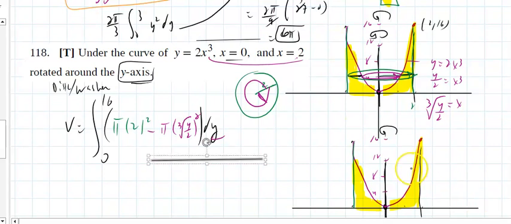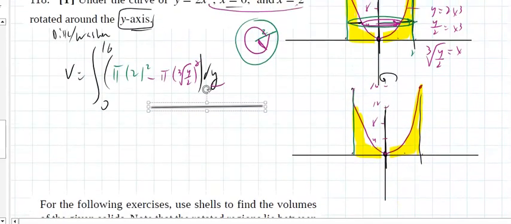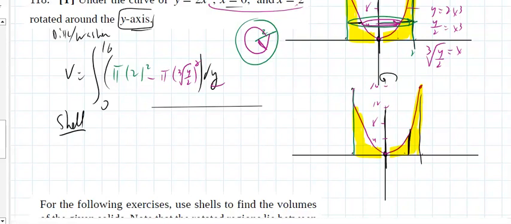Now, what if I decided I want to use the cylindrical shells? I'll pick my rectangle parallel to the axis of rotation. This will create a copy like it right there, and the cylinder is right there. Volume is going to be the integral. This is vertical, that's the x.